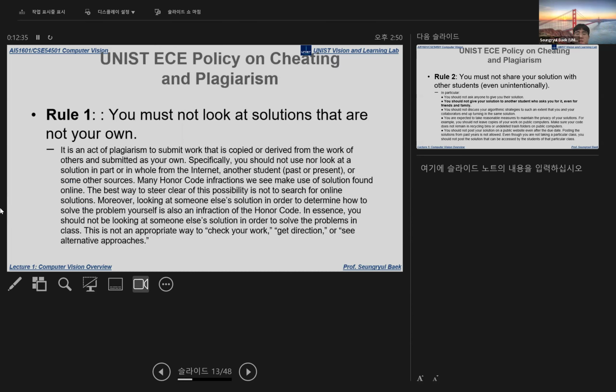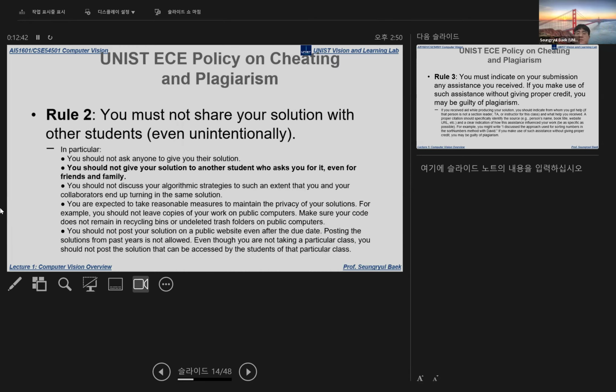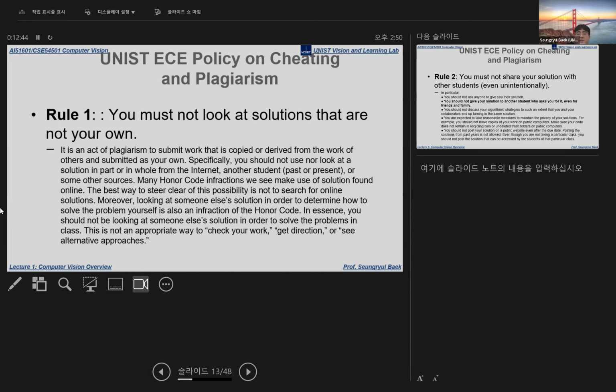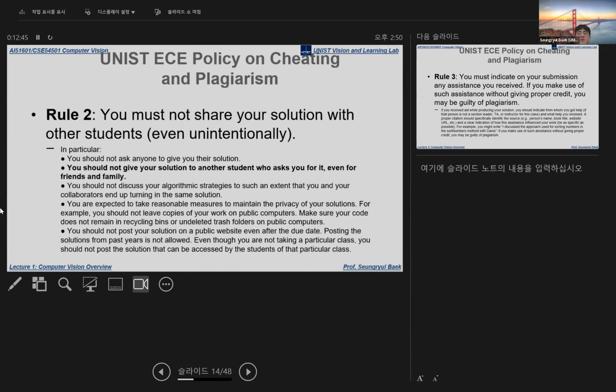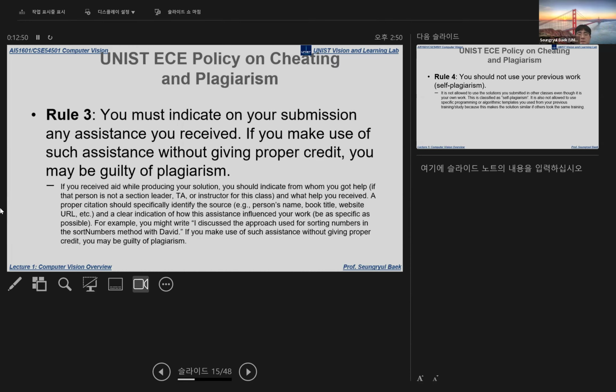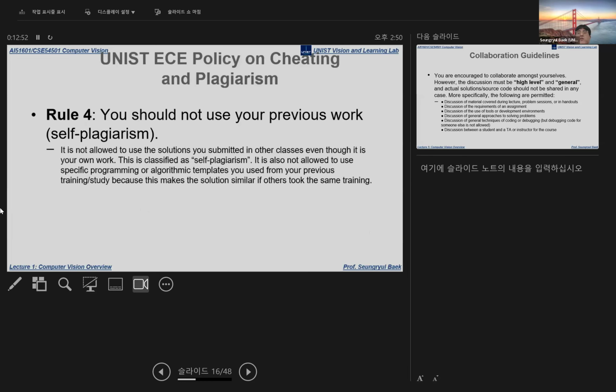And these are some cheating and plagiarism policies from UNIST ECE. You must not look at solutions that are not your own, and you must not share your solution with other students. So do not copy other solutions, and also you should not use your previous work.